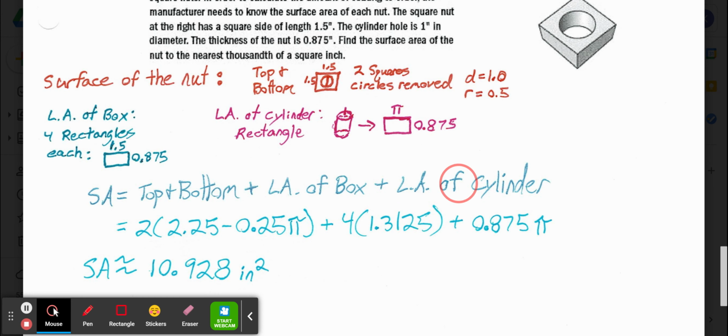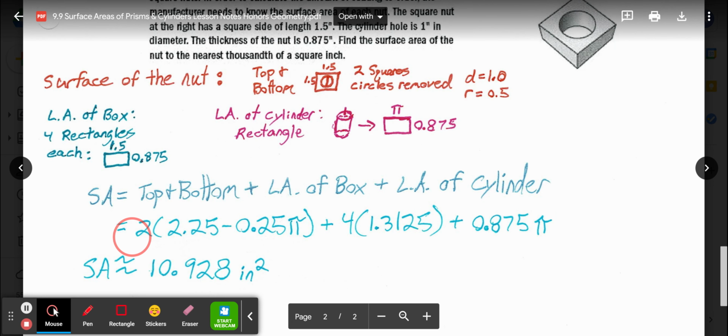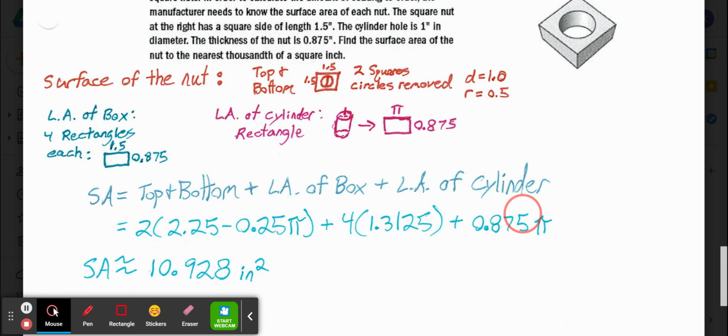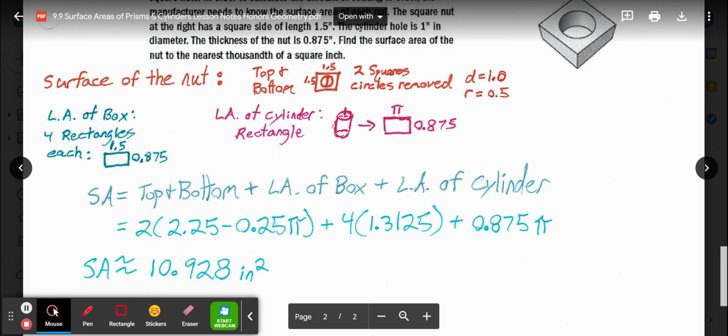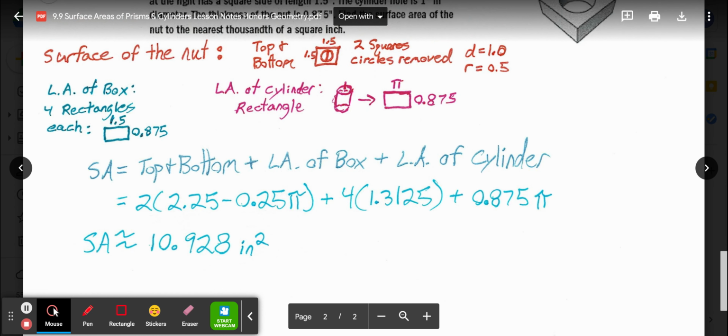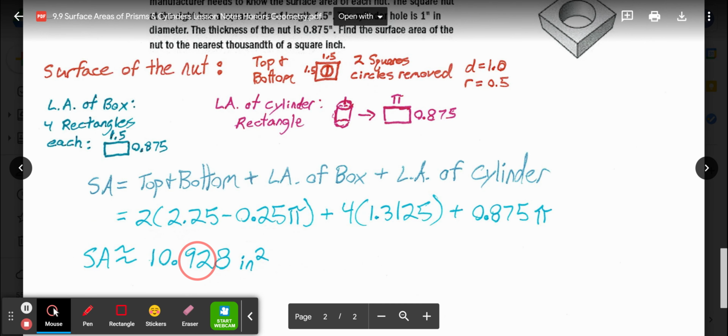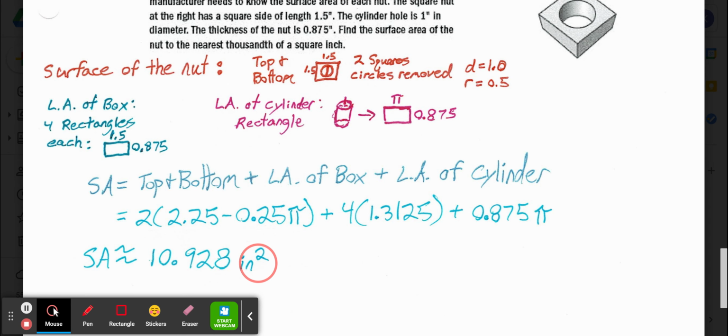And then we have the lateral area of the cylinder, this rectangle, 0.875 times pi. So if I then plug in all this information into a calculator and round it to the nearest thousandth of a square inch, the surface area of each nut would be 10.928 square inches.